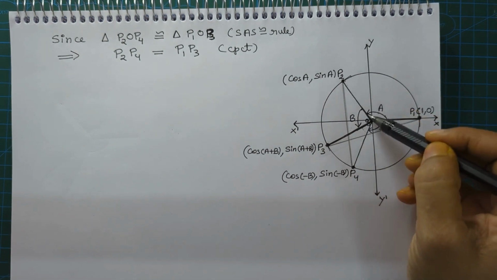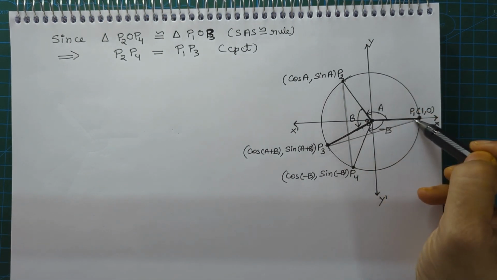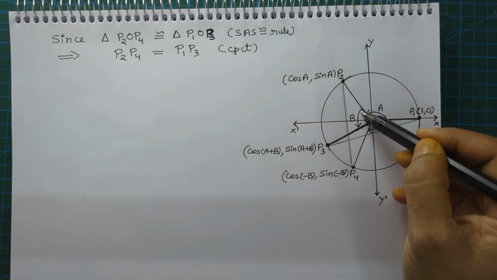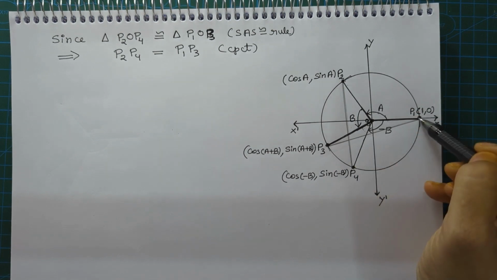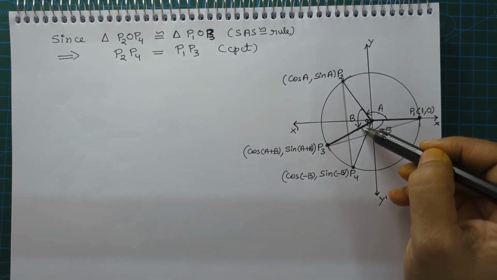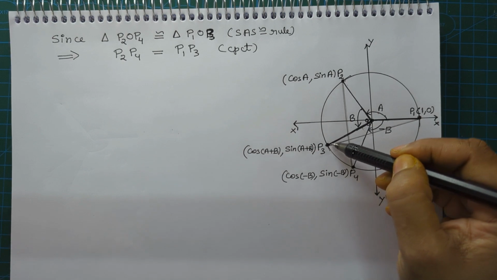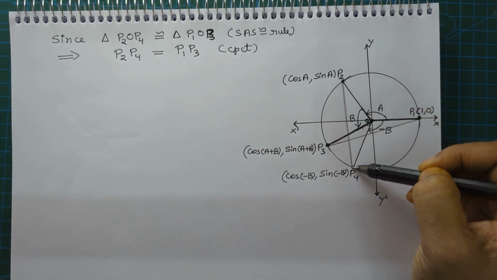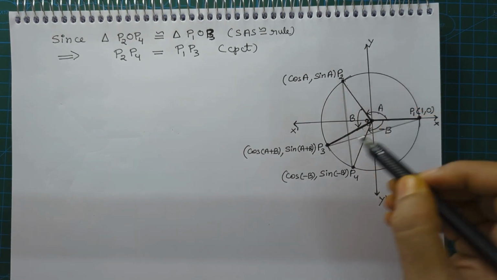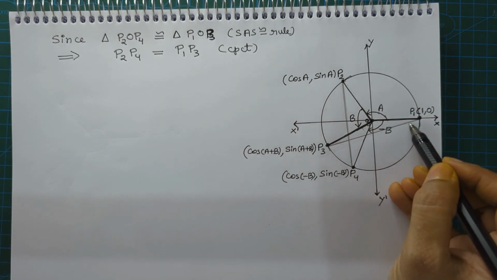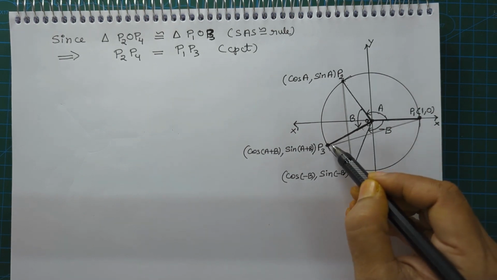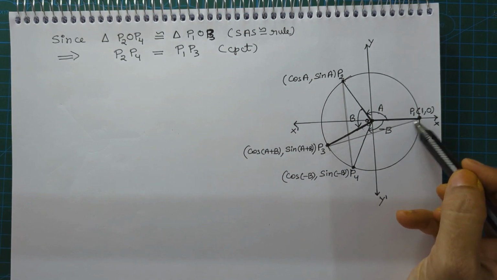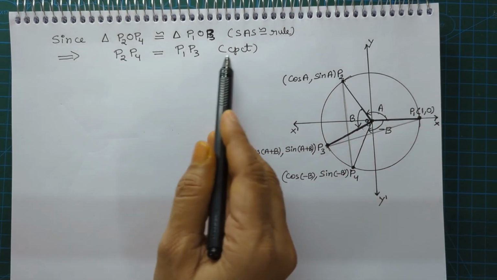So this vertically standing triangle and this horizontally standing triangle are congruent by SAS congruency rule, and by CPCT this length of the standing triangle is the same as this length of the horizontally appearing triangle. Means P2P4 distance is the same as P1P3 distance as CPCT.